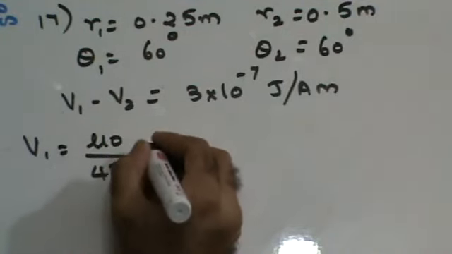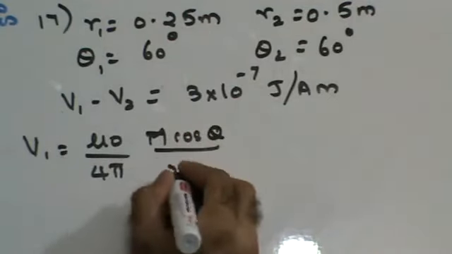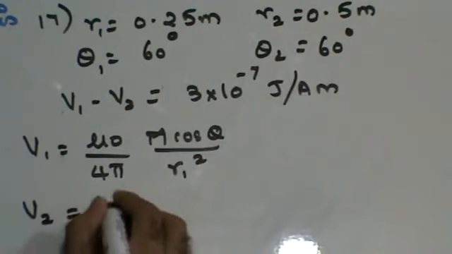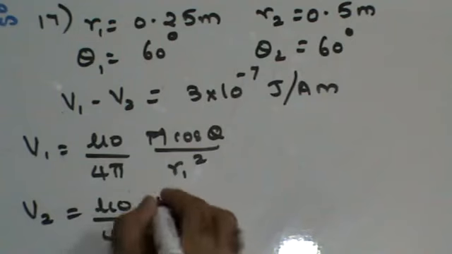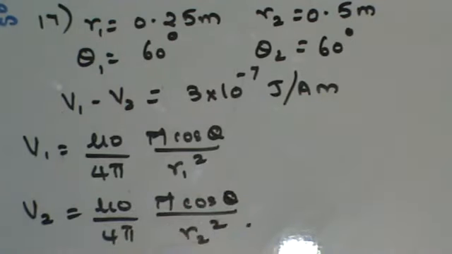V1 is mu 0 upon 4 pi, m cos theta upon r1 square, right? Similarly, I can say V2 is mu 0 upon 4 pi, m cos theta upon r2 square.